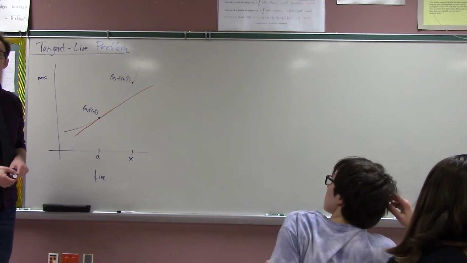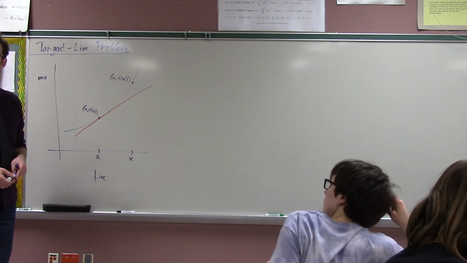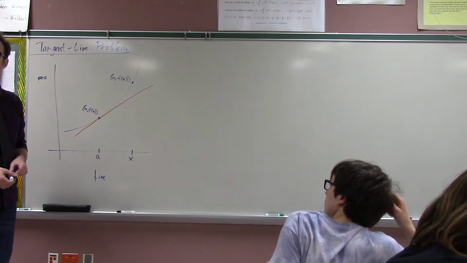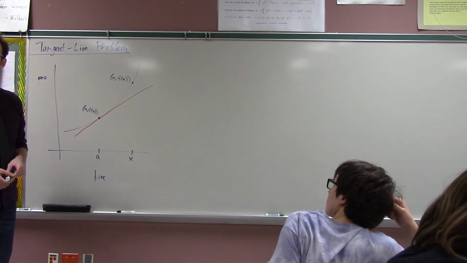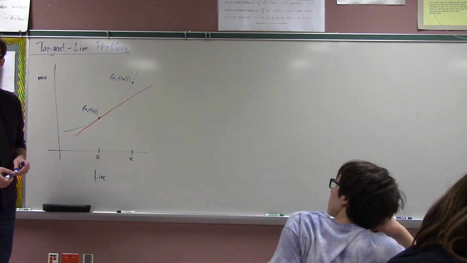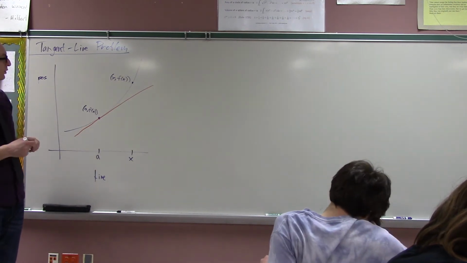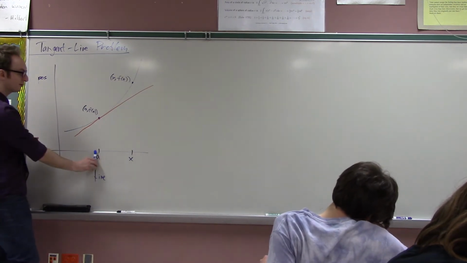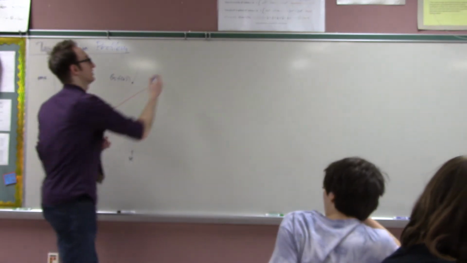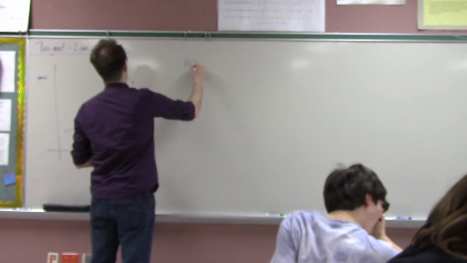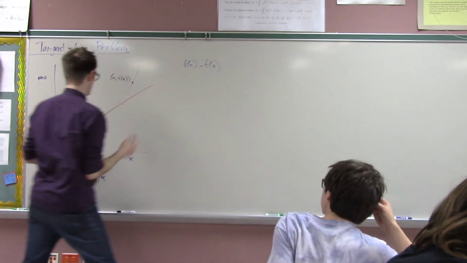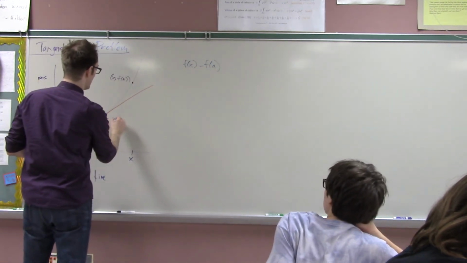Someone new who hasn't talked yet today. Megna. Stephen says rise over run. Pretty much, right? Average speed is just total distance over total time. What is the distance traveled over the interval from a to x? Well, the distance traveled is f of x minus f of a, because there's kind of some triangle hiding here.